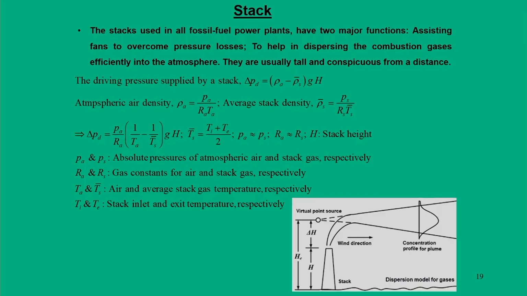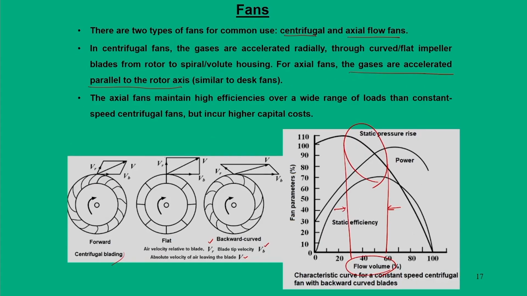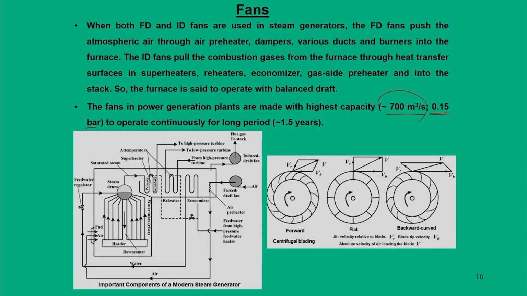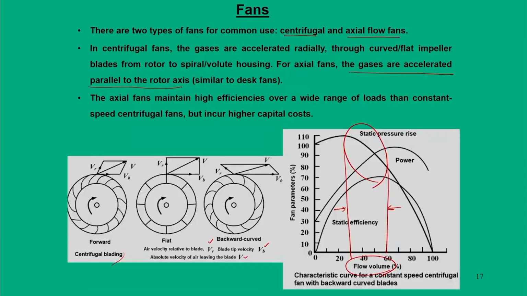The next segment of our discussion is the stack. If you look at this figure, when the flue gas comes out from the steam power generating unit, it goes to the stack. Let us see what this stack means.